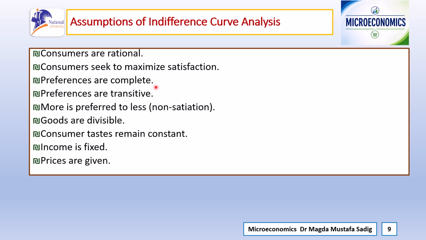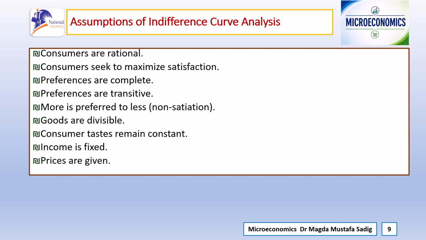The third assumption is that preferences are complete. This means that consumers are always able to compare any two bundles of goods. Either he prefers A to B, or he prefers B to A, or he is indifferent between A and B.